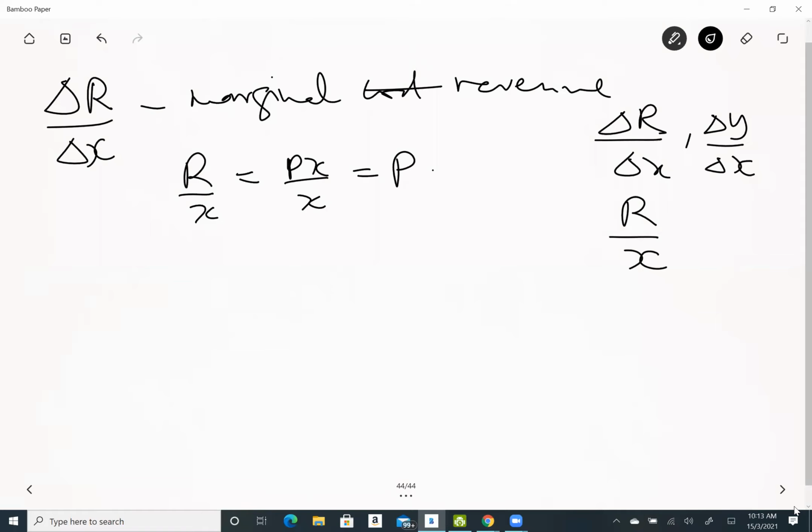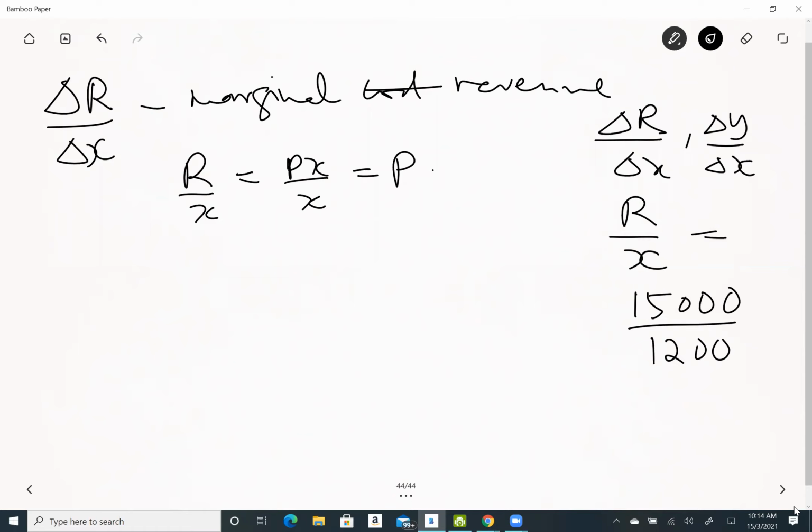Suppose your revenue is equal to 15,000, and you sell 1,200 units of the good. So what is the ratio? What do you call that ratio? Revenue per unit.